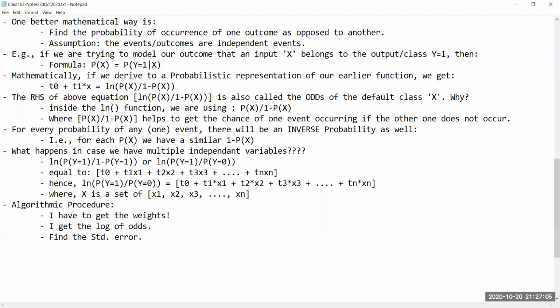How we are going to find the standard error is something we will look at when we implement it, but the standard error is not to be confused with the standard deviation. Standard deviation is different, standard error is different. The concept of a standard deviation applies to a population, right?